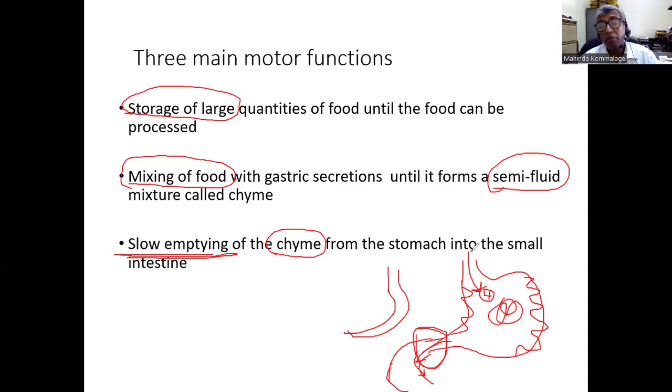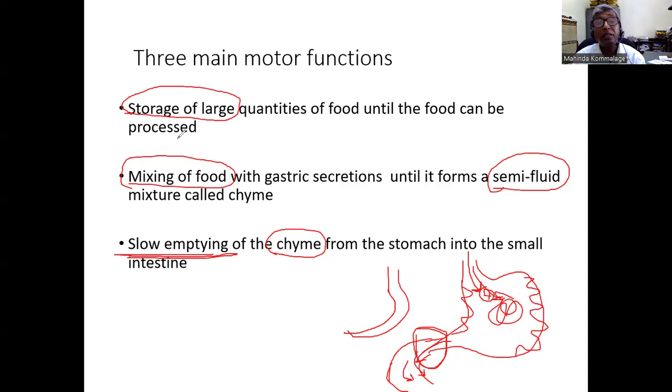When we get the food, it quickly fills, but it keeps the storage and gradually releases into the duodenum. Gradually. It's a very small amount at once, because if large quantities come to the duodenum, the small intestine cannot handle it, right? So storage and slow release are also important.